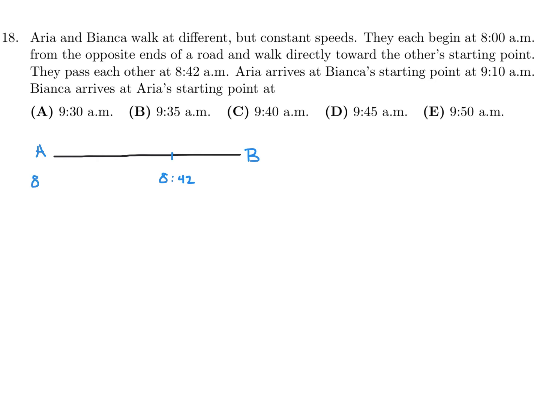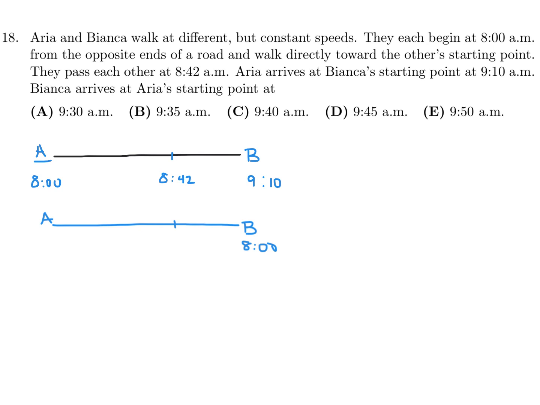This is 8 a.m. and this is 9:10, but those times are only true for Aria. We have to figure out the scenario for Bianca. She starts at 8 a.m. but then eventually she's going to end up here where Aria started, and we don't know the time. That's what we have to figure out.